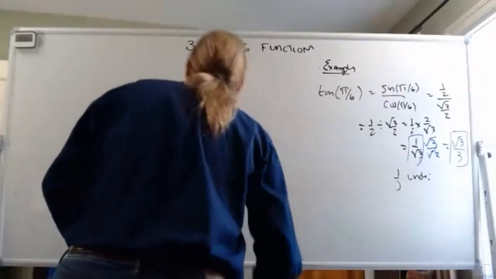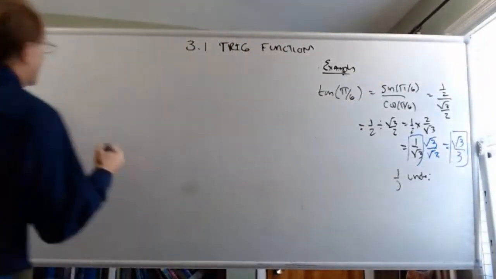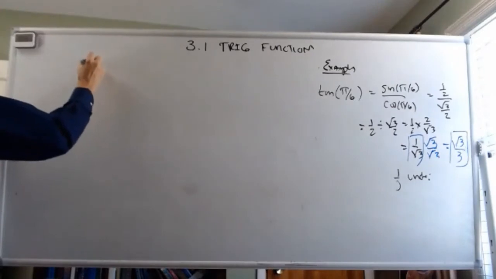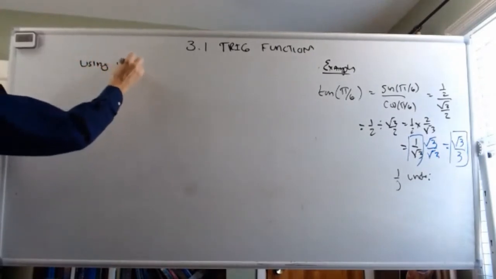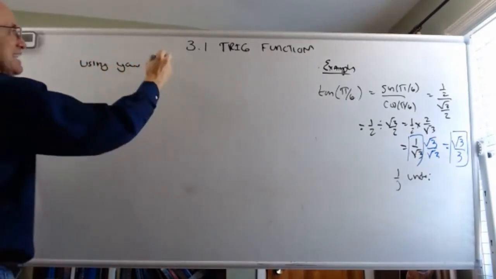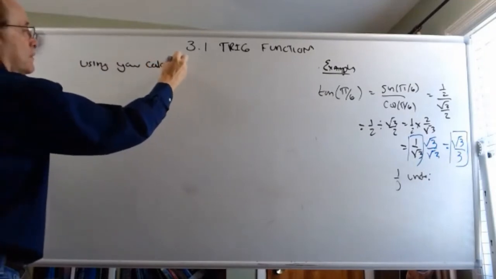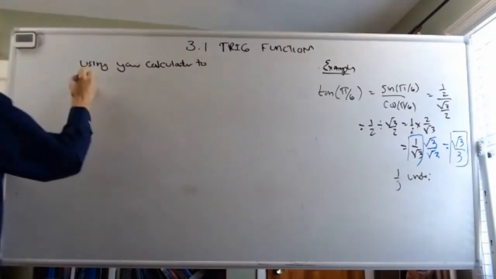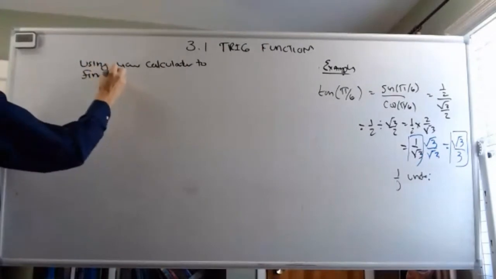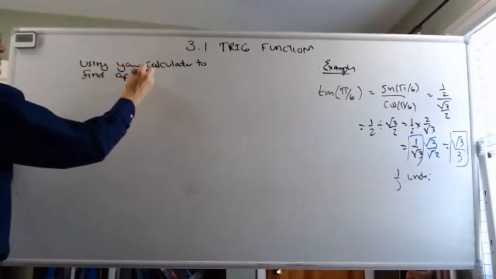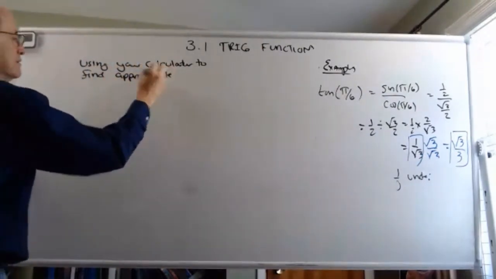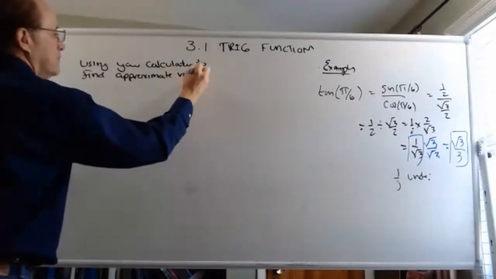You've got to be careful here. This is going to be using a calculator. So now using your calculator, when it's not an exact value, to find approximate values. They're very often used in your engineering classes and your physics classes as well.